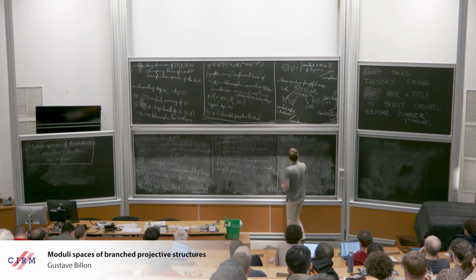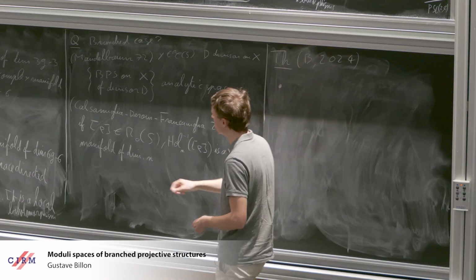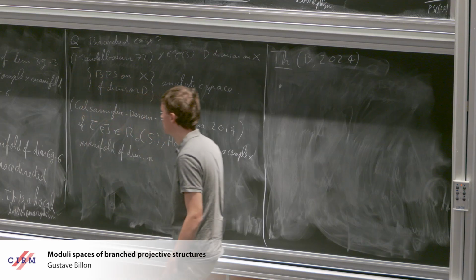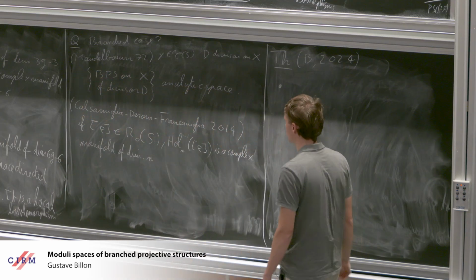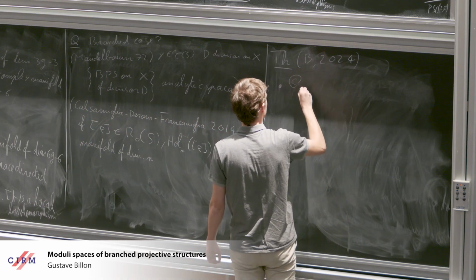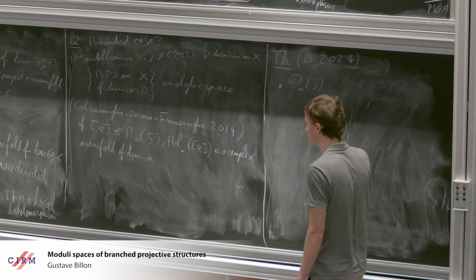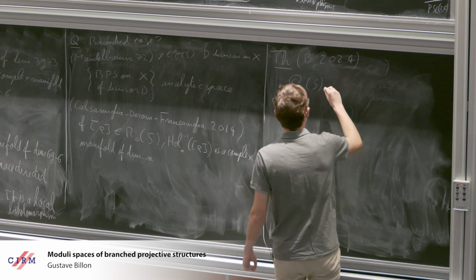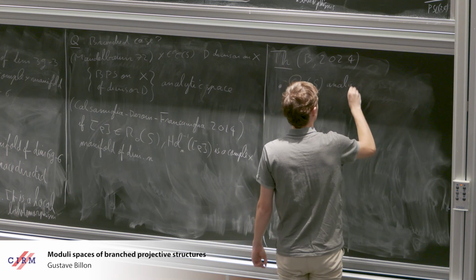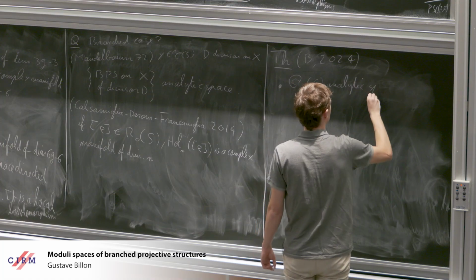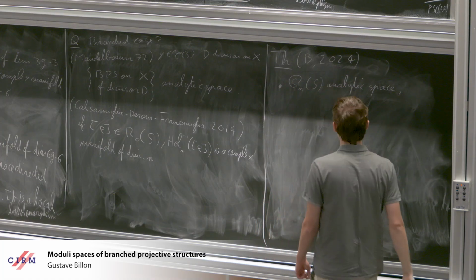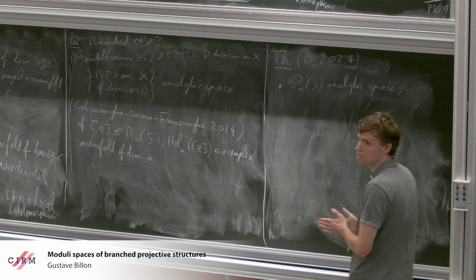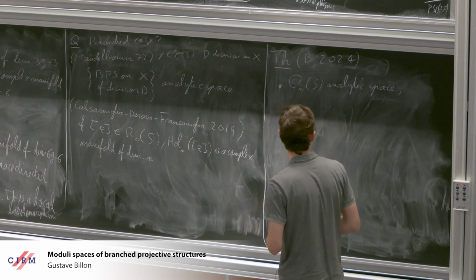And again, it is an analog of this one. So the first point is that Pn of S is not anymore a complex manifold, it is an analytic space. So it has singularities. And the singularities can be characterized in terms of the monodromy, of the holonomy.